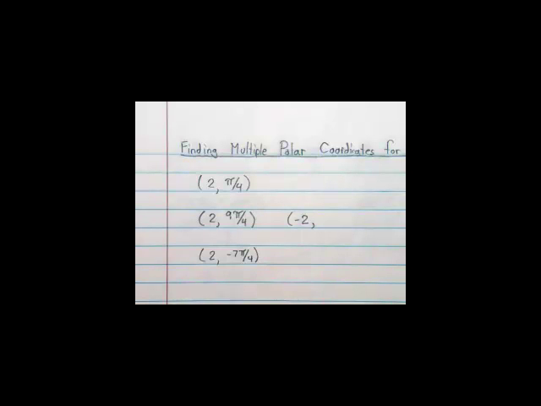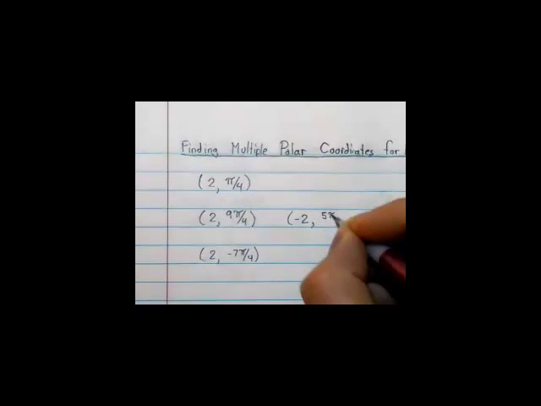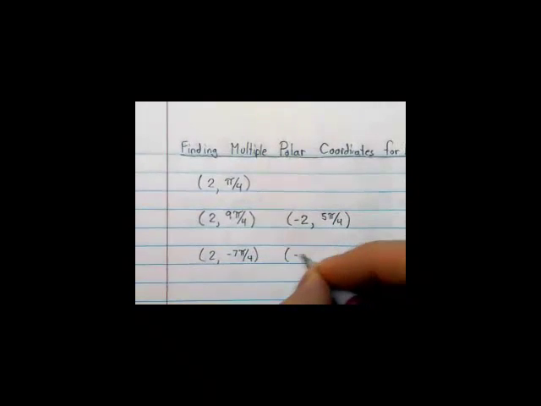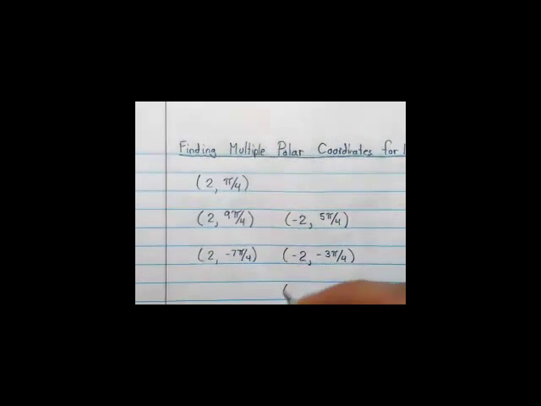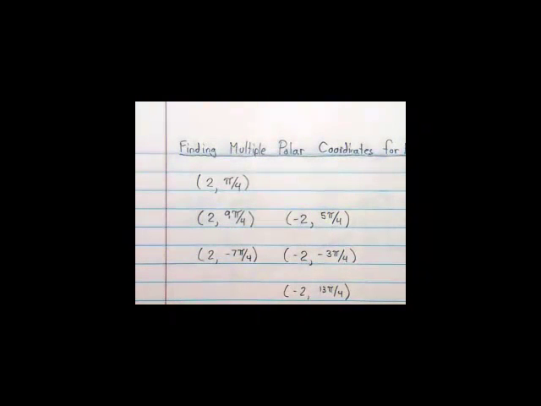Example of where you would have -2. One of these where you have to find other ones. If you just sketch it out, it tends to help a little bit too.